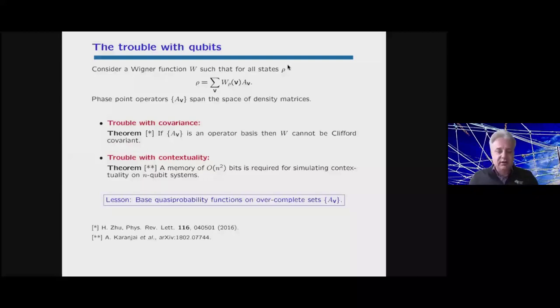And remember, Clifford covariance was essential for us in establishing the theorem. So now the question is, what do you do with that? The lesson that we have drawn is that we base our quasi-probability function on an over-complete set. So we ditch the requirement that those operators need to form a basis. We'll have an over-complete set, and that makes our Wigner function, our quasi-probability distribution, redundant.